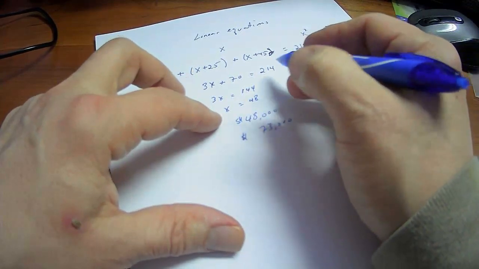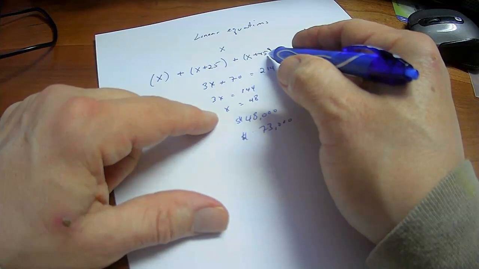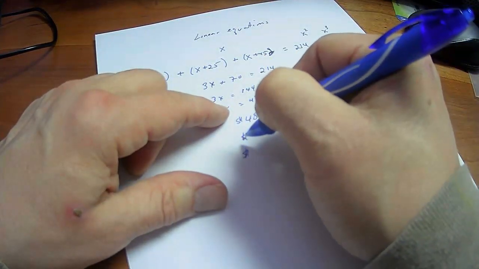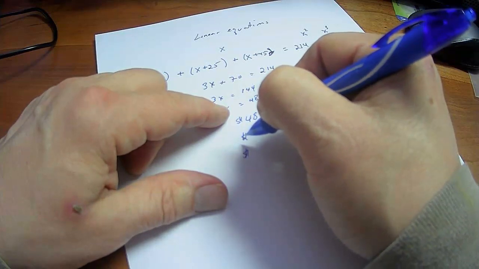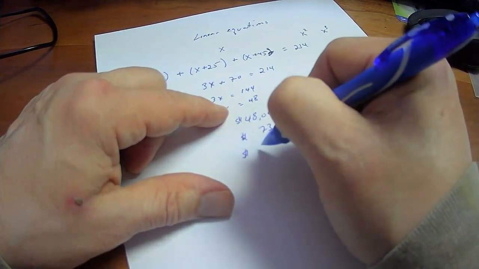And then we would add 45 to the 48. Don't add it to 73 because you're going to be wrong then. So if you do 45 plus 48, you're going to get $93,000.